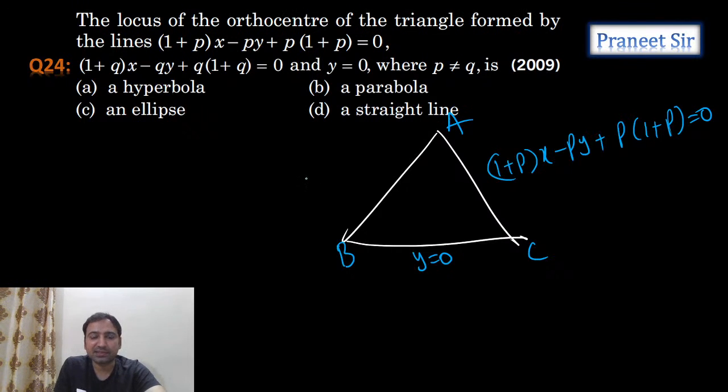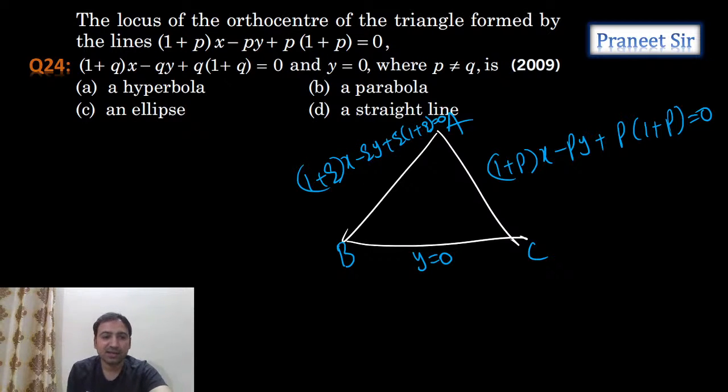And another line is (1 plus q) x minus q y plus q(1 plus q) equals 0. This is another line. But see, when we try to solve these two equations, how much are we getting, guys?